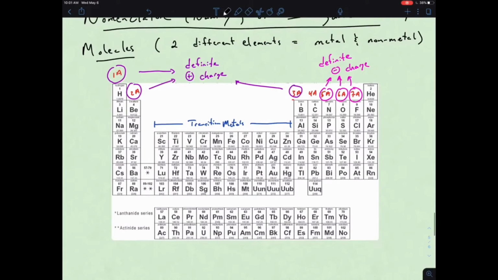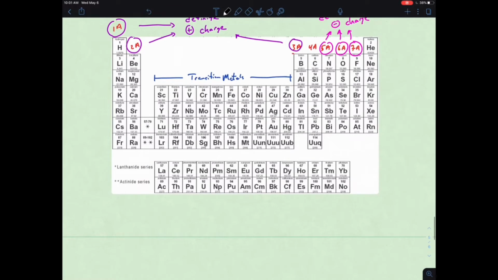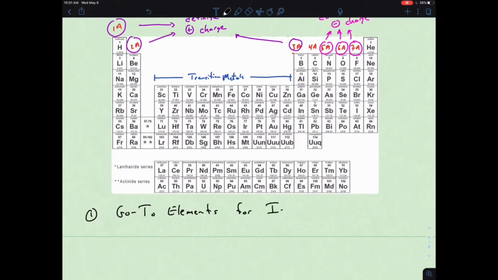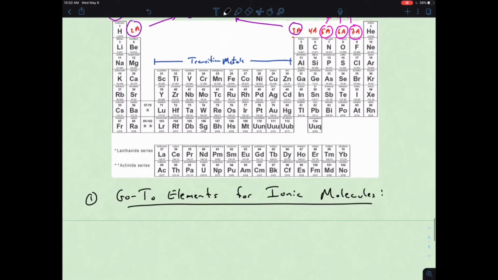So in looking at elements, I have what I call go-to elements. And so go-to elements for ionic molecules would be these groups that we were just talking about earlier.